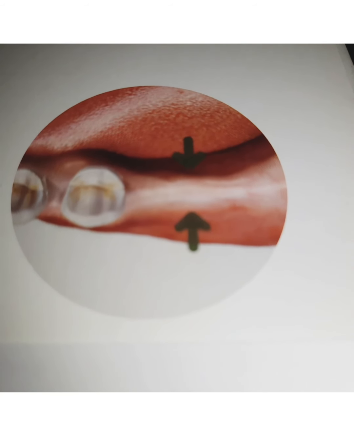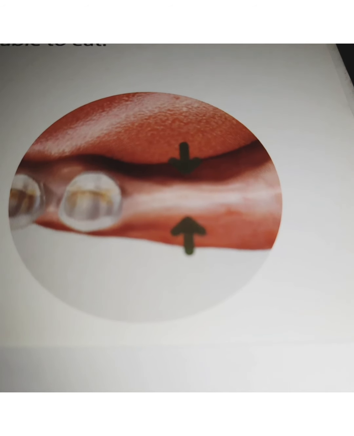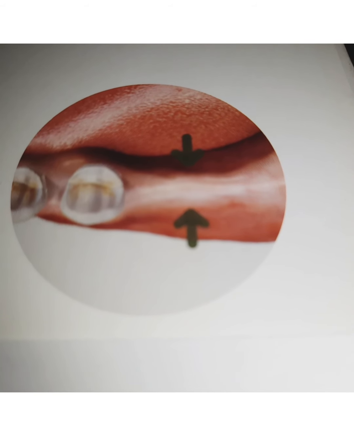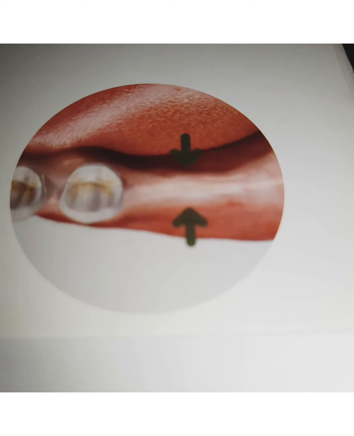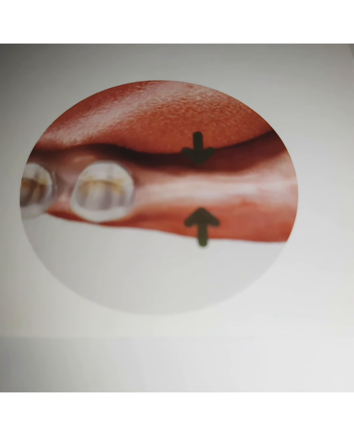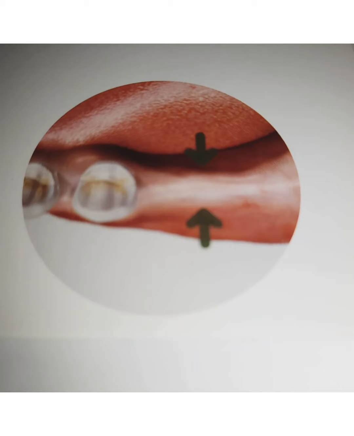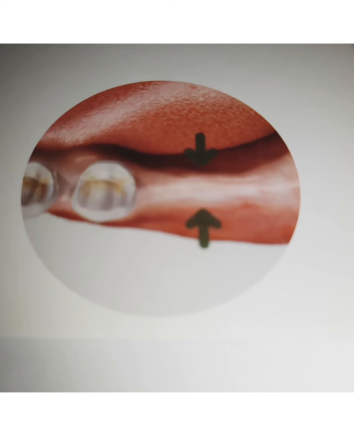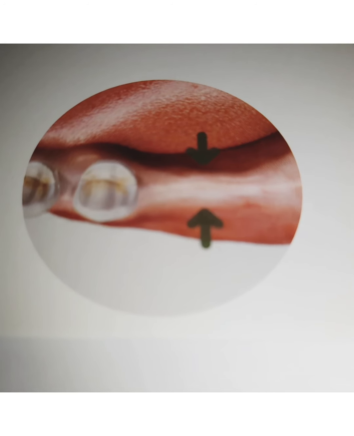So how does it happen? The pathology of residual ridge resorption is that the ridge resorbs and reduces in size under the mucoperiosteum, and sometimes there is a localized loss of bone. This may also be accompanied by loose or redundant tissue, a kind of flabby tissue over the ridge.